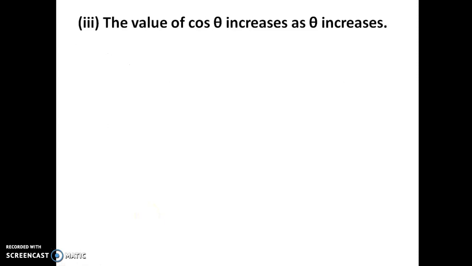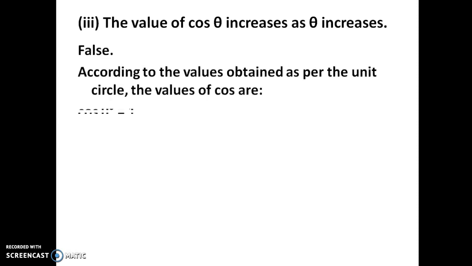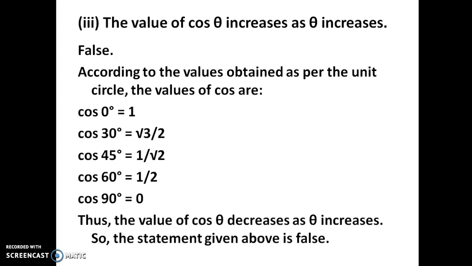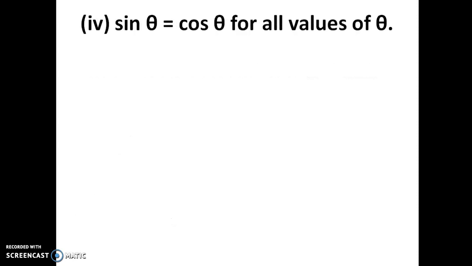The value of cos theta increases as theta increases. This is not possible. Why? Because in the chart, it will be decreasing. Cos 0 is 1 and cos 90 is 0. So cos theta decreases as theta increases. So this statement is false.